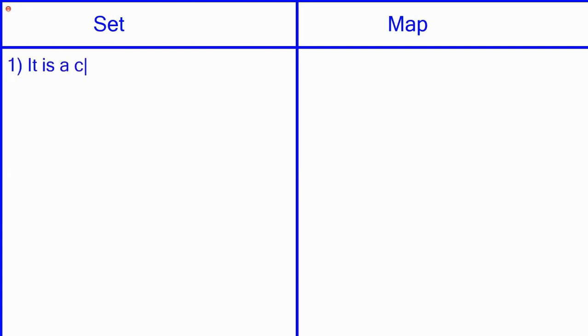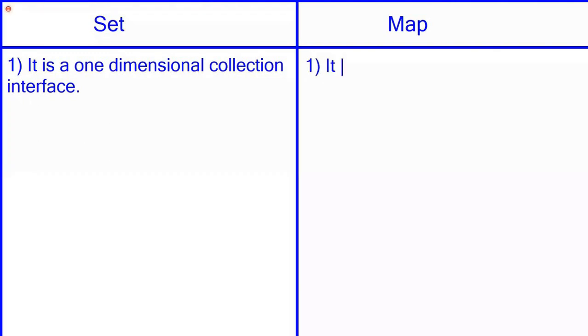Set is a one-dimensional collection interface. Map is a two-dimensional collection interface.